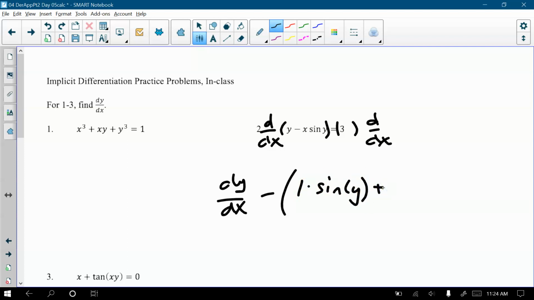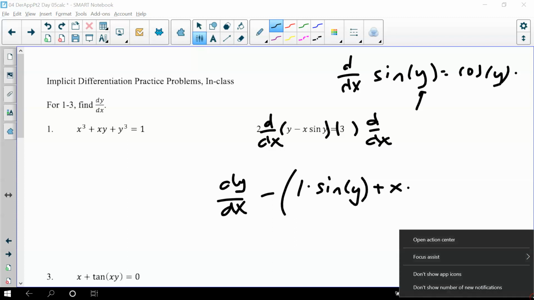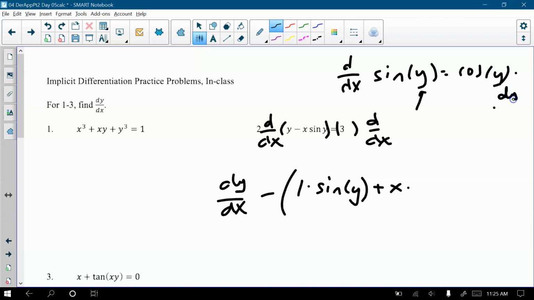plus, now this is going to be a tricky one, plus x times the derivative of sine y, which is going to be, so let's do some side work here. The derivative of sine of y is going to be cosine y times the derivative of the inside part, which is going to be dy/dx.